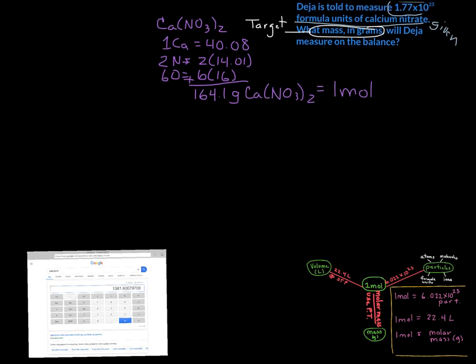All right, so the last thing we're going to do here is we're ready to calculate. So we're going to start with our given, okay? And once again, we're given 1.77 times 10 to the 23rd formula units of calcium nitrate.